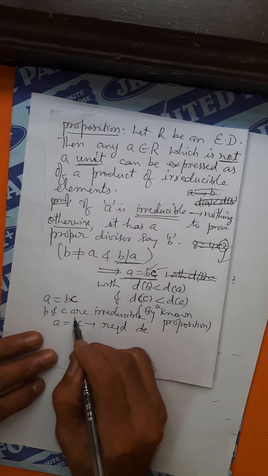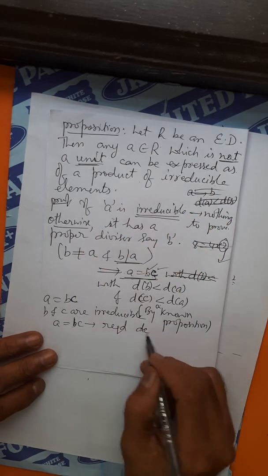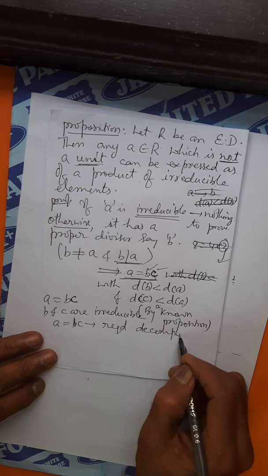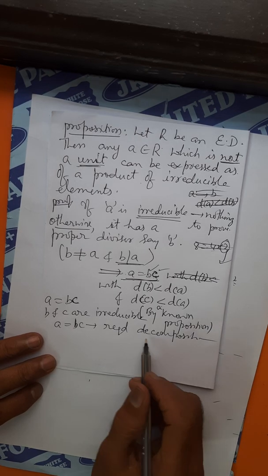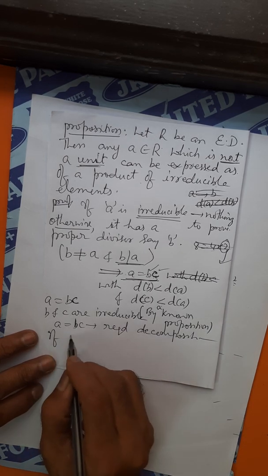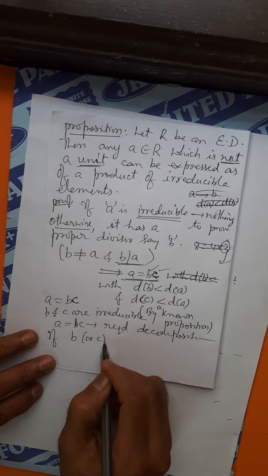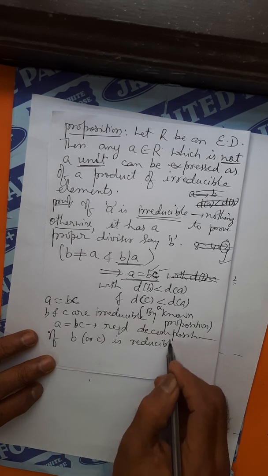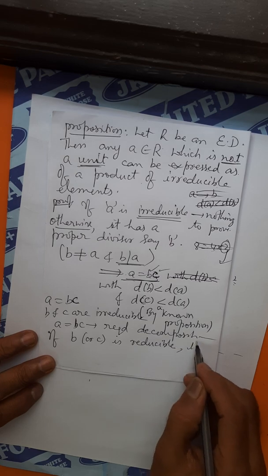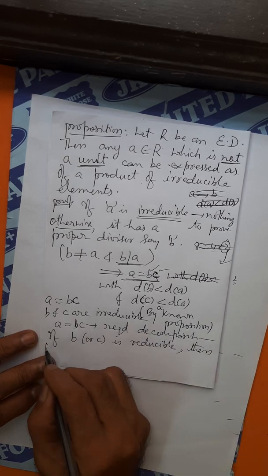If B and C are not irreducible, that means if B or C is not irreducible, then it is reducible. It is further reducible, then we can continue the argument.